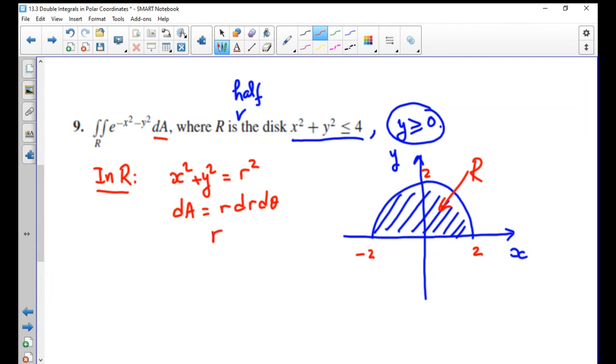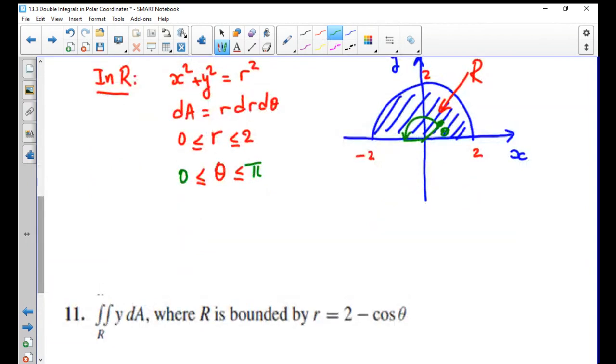Now, r will go from 0 to 2, but theta goes from 0 to pi only, yes? Because you can see now, if you take a point inside to cover the full region R, theta will go from 0 to pi only, like this.